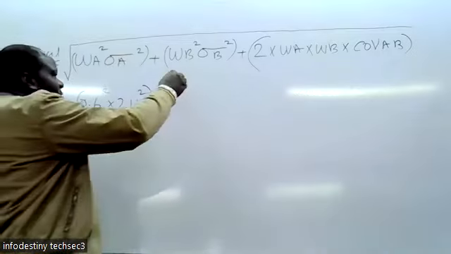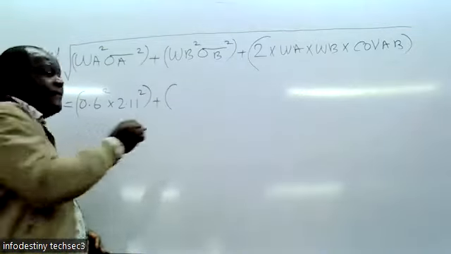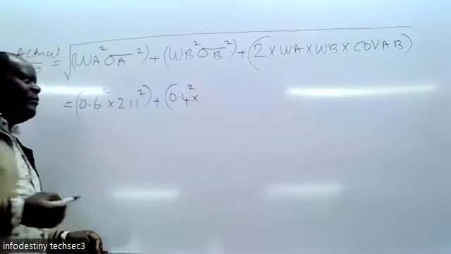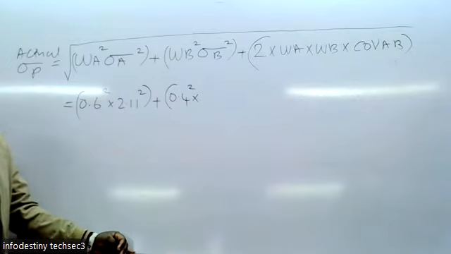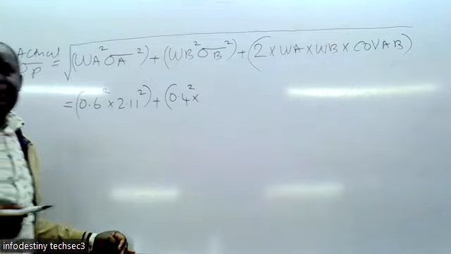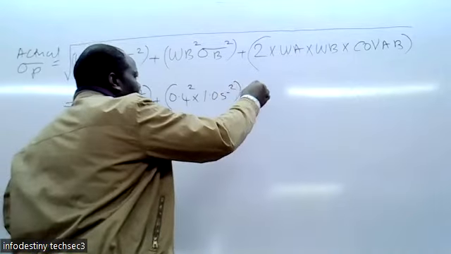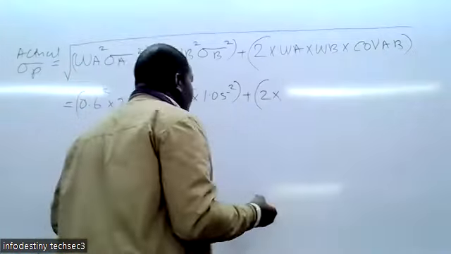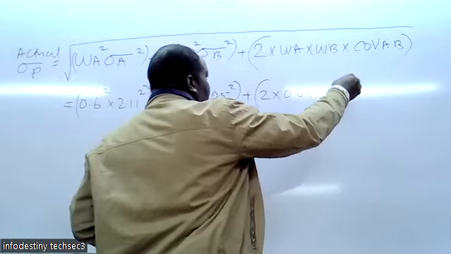Then we also add the weight for B. Was it 0.4? Remember it was 0.4, but it must be squared. Then what were we coming up with as the standard deviation? It was 1.05. So you take 1.05 squared, then plus 2 multiplied by 0.6, 0.4.